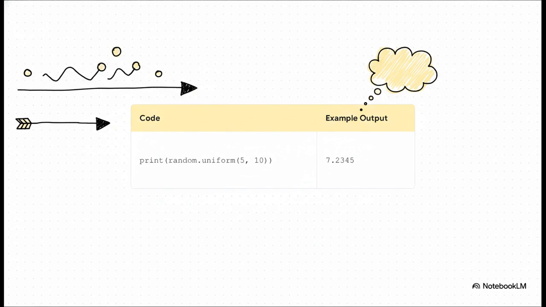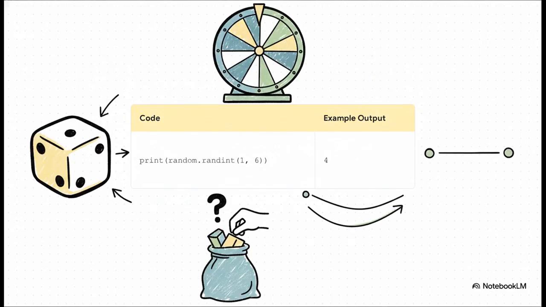No problem. That's what random.uniform is for. You give it a starting number and an ending number, and it'll spit out a random float anywhere in that custom range. And, of course, we need whole numbers. For that, we have random.randint. This is your go-to for simulating things like a dice roll. You tell it the lowest and highest number you want, and it gives you a random integer in that range. And importantly, it includes both of those end numbers.